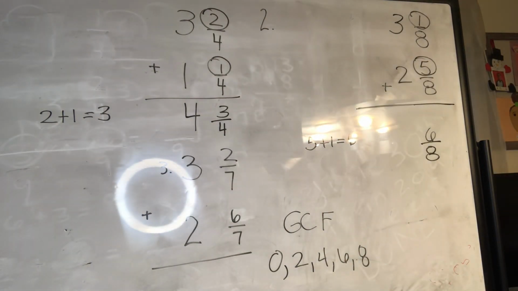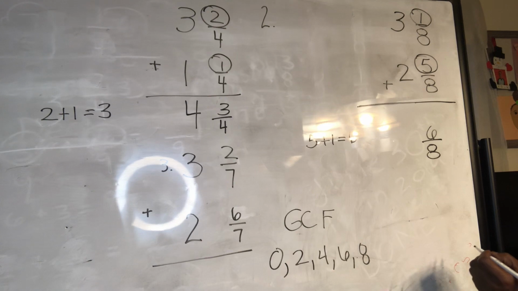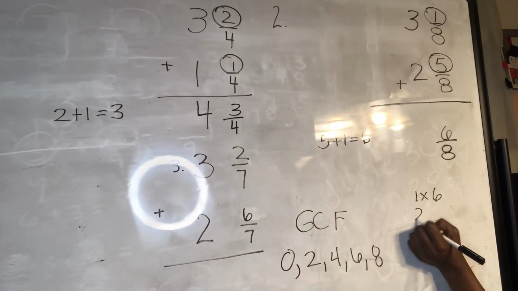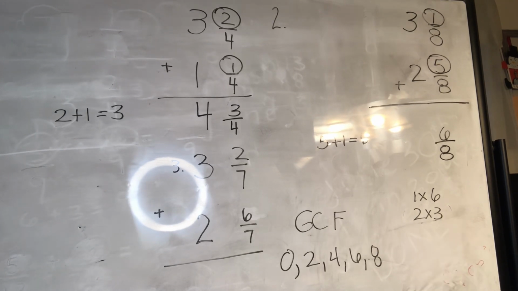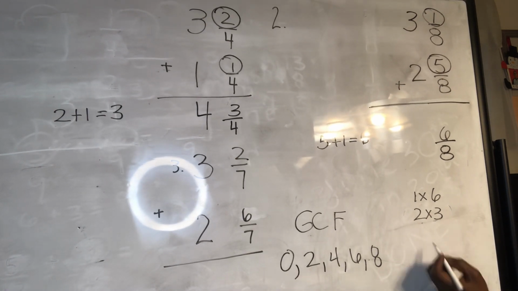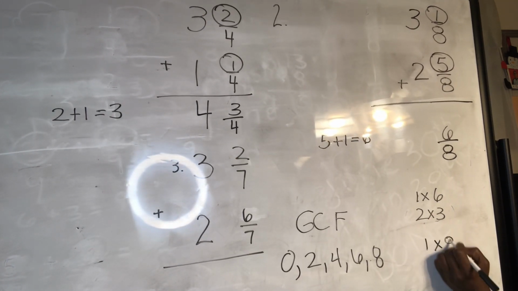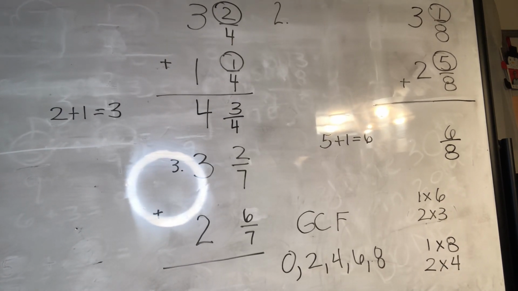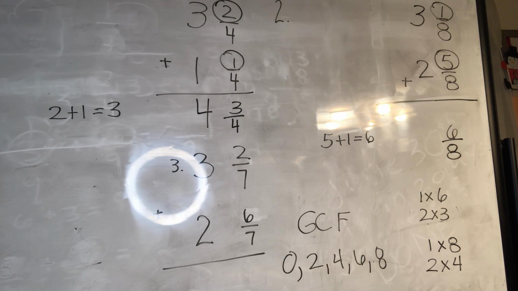So I'm going to write the factors of 6. We have 1 times 6 to give us 6, and we have 2 times 3 that'll give us 6. And then for 8, we have 1 times 8, and we have 2 times 4.